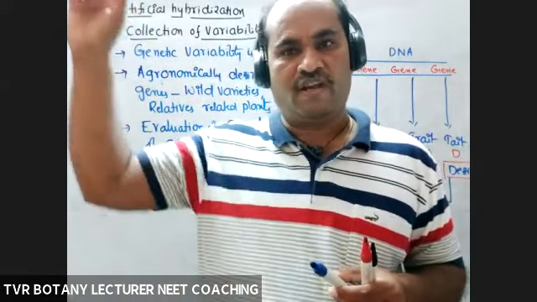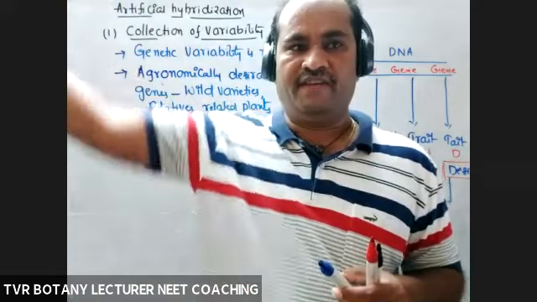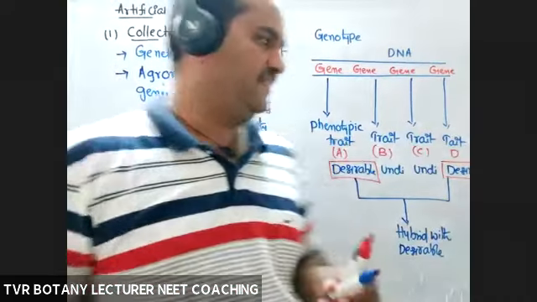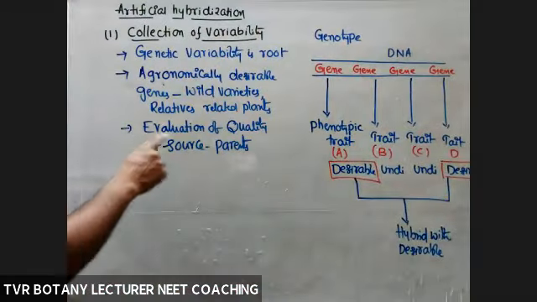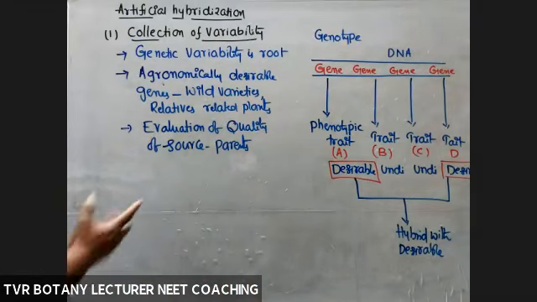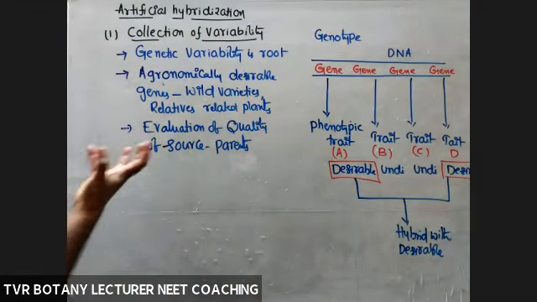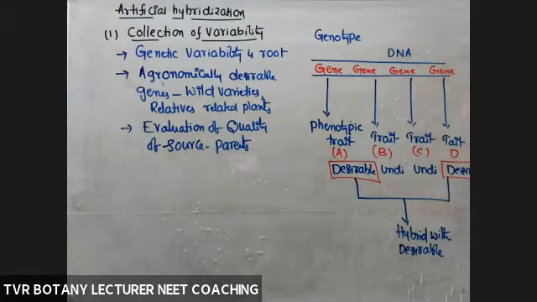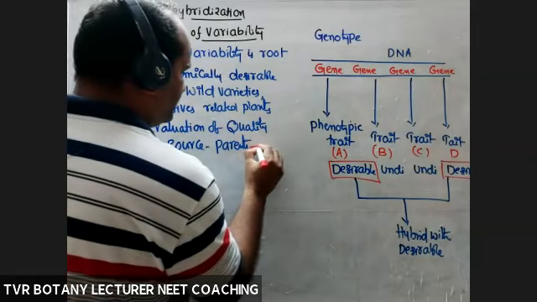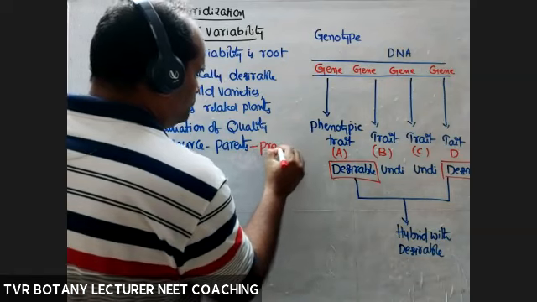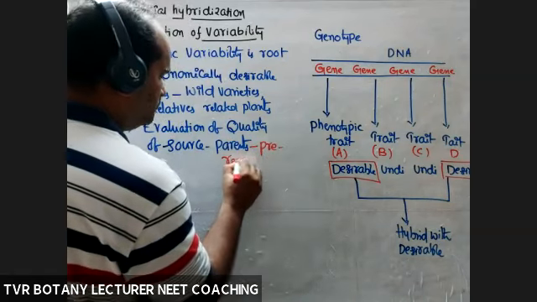So trace out the so-called wild variety of this cotton plant and evaluate the genetic material of that one. What about the total number of desirable characteristics? So evaluation and checking of genetic material of those parents is a prerequisite. First requirement.